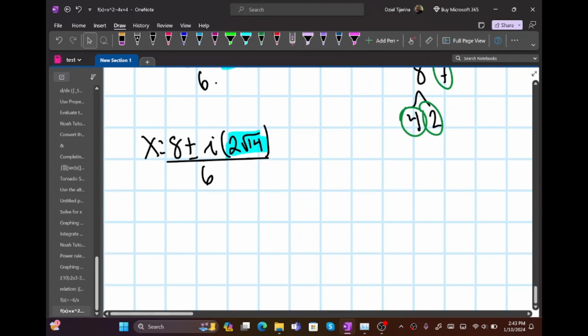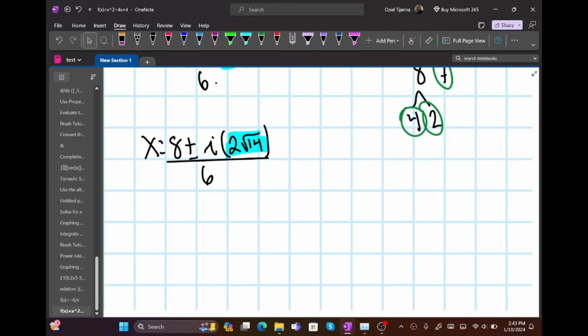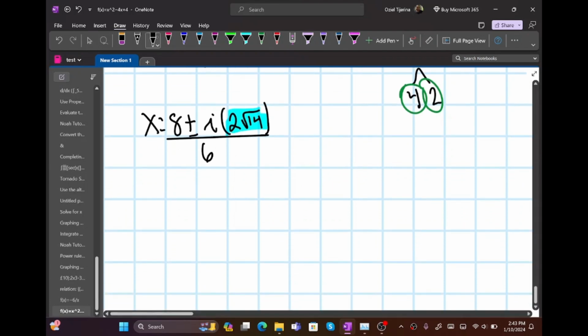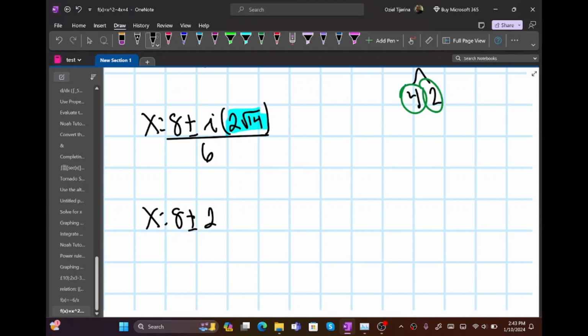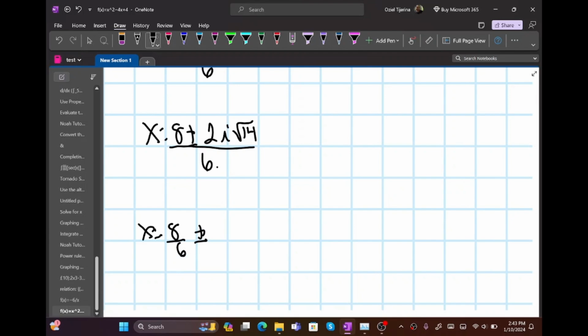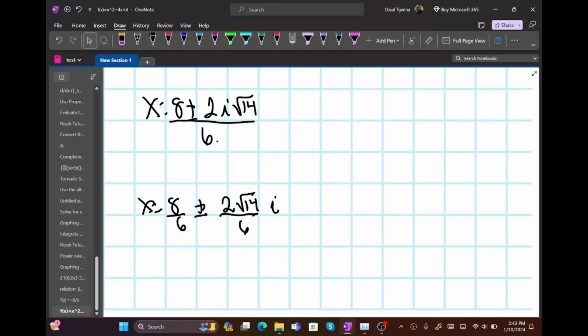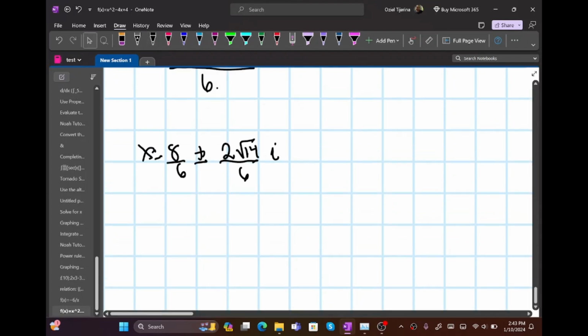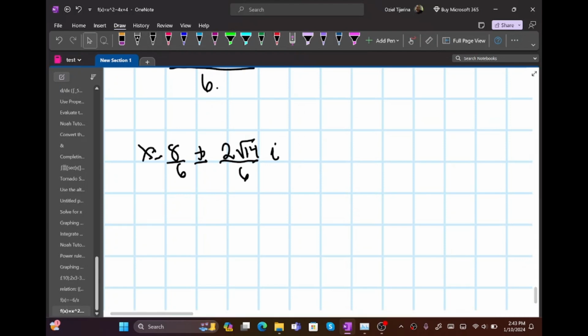Now, one more thing, we're going to simplify further. We're going to end up with x equals 8 plus or minus 2i square root of 14, all over 6. If you think about it, this is x equals 8 over 6 plus or minus 2 square root of 14 all over 6, times i. So we can simplify both of these expressions.